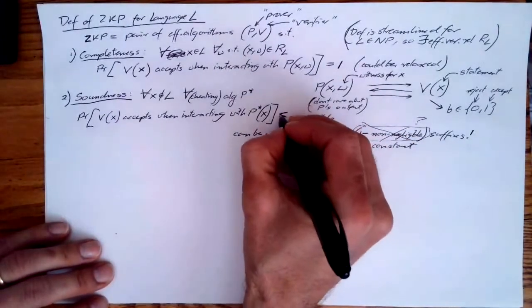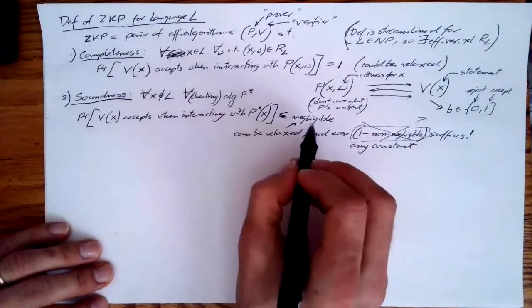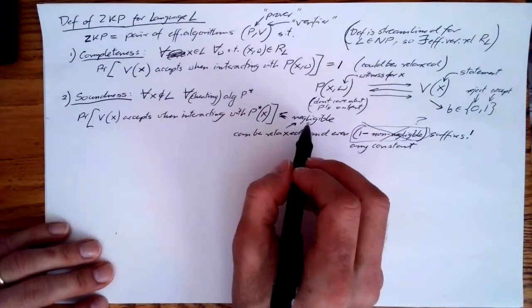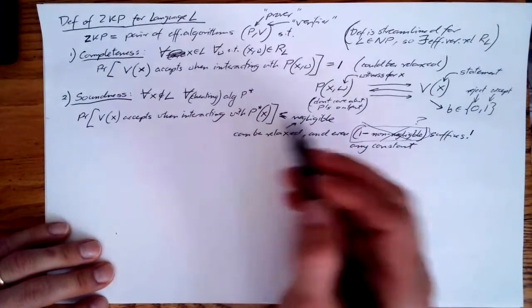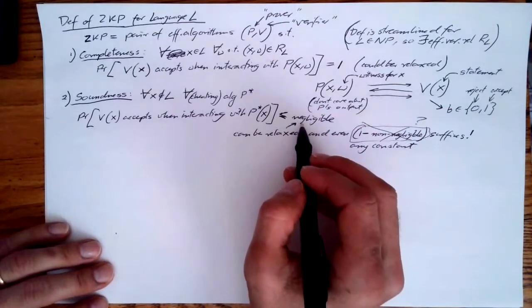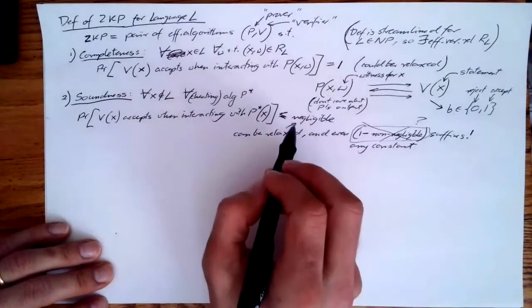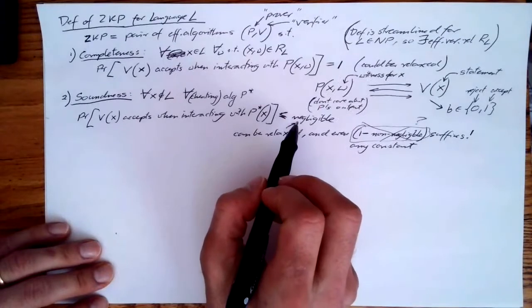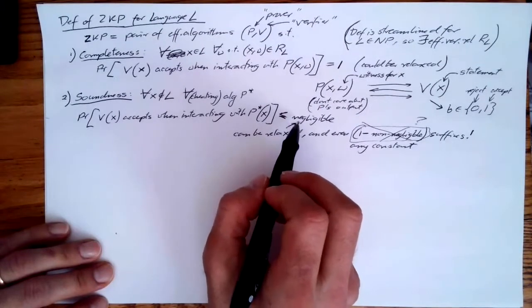So think of a prover that has some non-negligible probability of convincing the verifier, but this probability is, say, only 1/2.